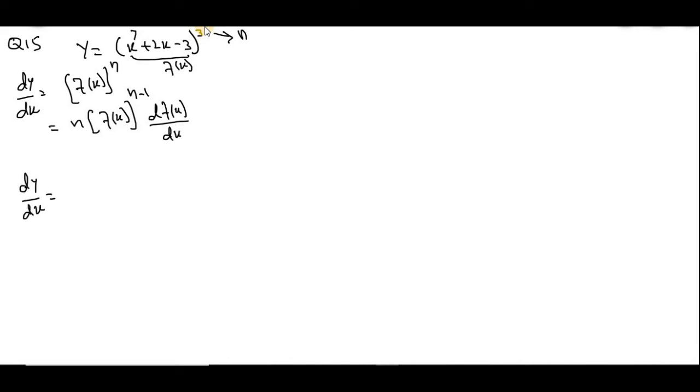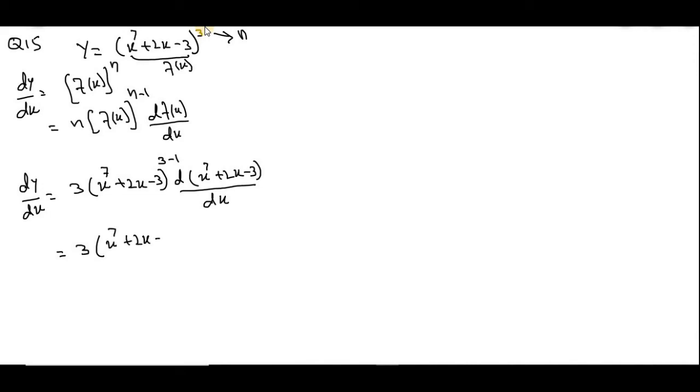So dy by dx is equal to 3 x raised to power 7 plus 2x minus 3, raised to power 3 minus 1, then the derivative d by dx of x raised to power 7 plus 2x minus 3. So 3 x raised to power 7 plus 2x minus 3 whole square, and now taking the derivative of x raised to power 7.